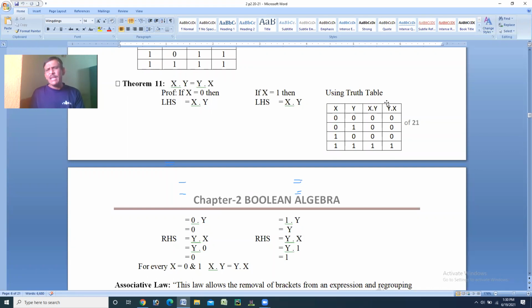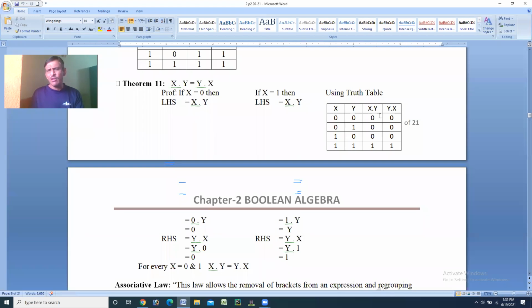In the same way, for the last column, take y value as first and x value as second and perform the logical multiplication. Again, check the result. So 0 dot 0 is nothing but 0. Then second one, 1 dot 0 is nothing but 0. Third one, 0 dot 1 is nothing but 0, and last one, 1 dot 1 is nothing but 1.